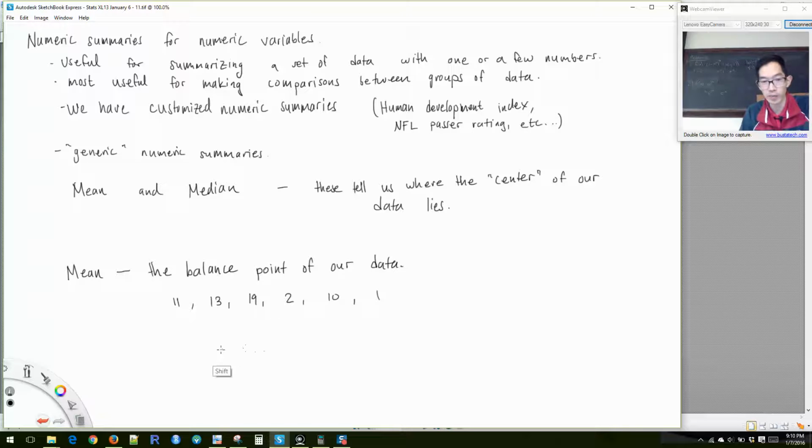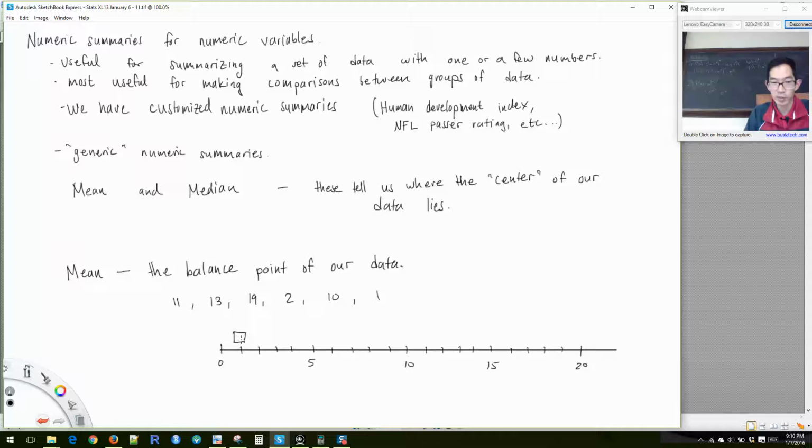I'm going to just draw a number line here: 1, 2, 3. I'm going to imagine me putting a brick at each of these numbers.